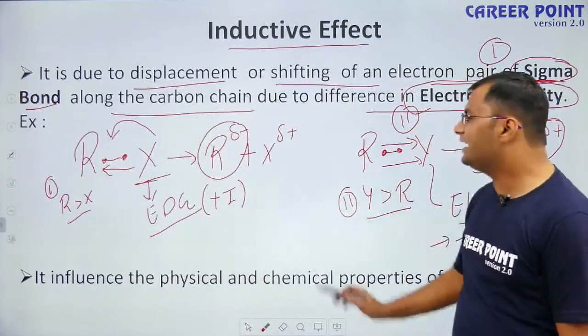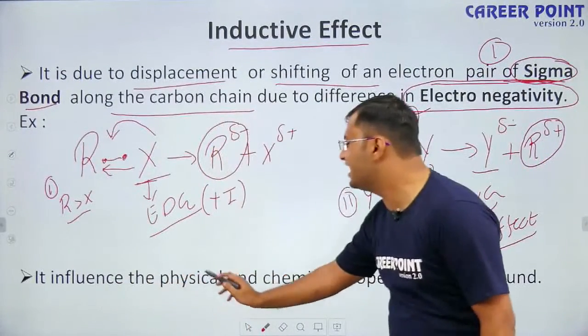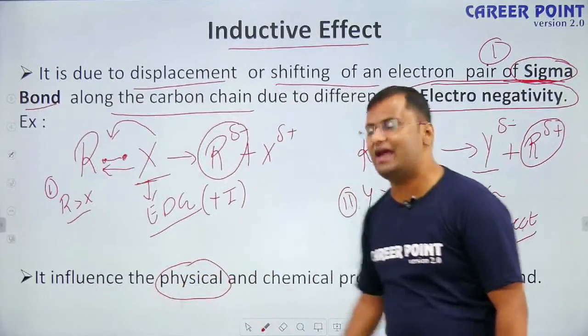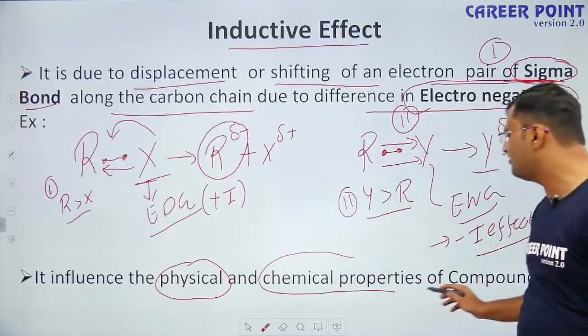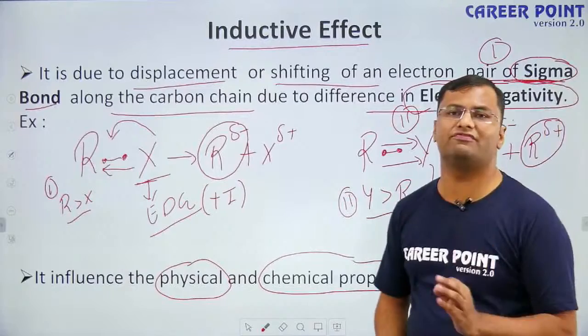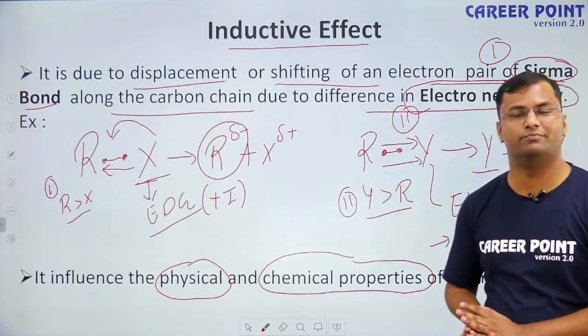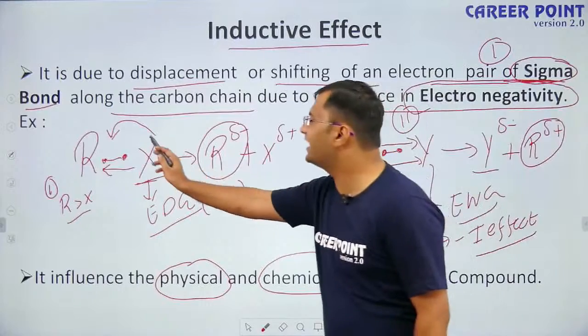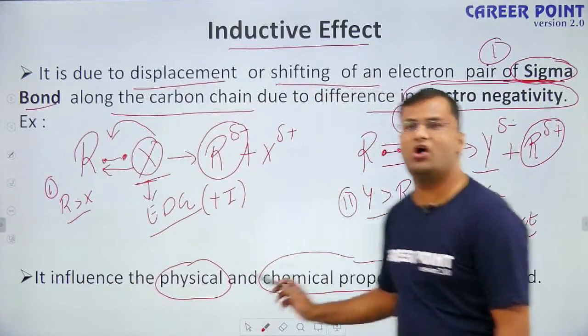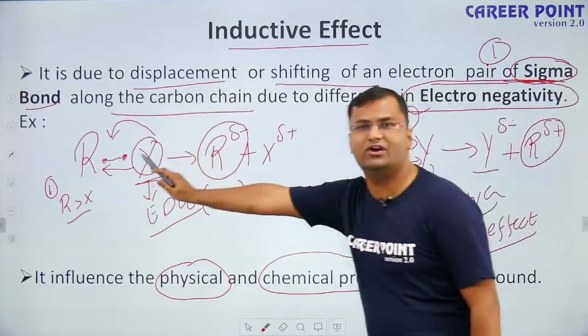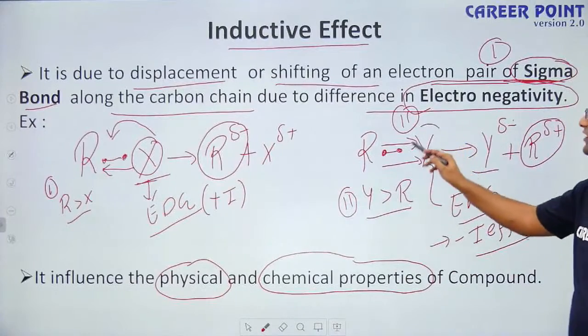Now the second point: it influences the physical and chemical properties of a compound. Due to inductive effect, chemical and physical properties change, because of the electron donating group or electron withdrawing group.